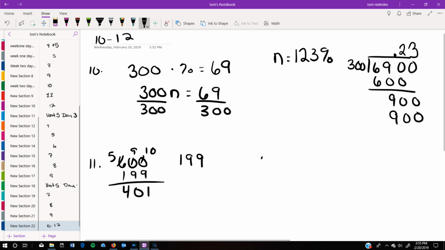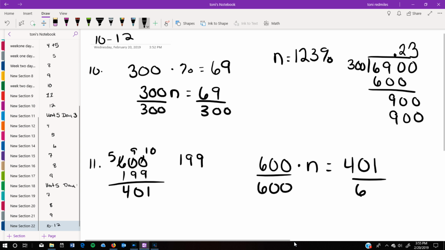Okay, I started with original price of 600. I don't know the percent, but it equals a drop in price of 401. Okay, divide both sides by 600. I want to get a percent, so I want to bring this number out to the hundredths place, so 2 zeros. 600 can go into 4,000 at least 4 times, but I am actually going to say that it can go in 6 times. So let's see if I'm right.